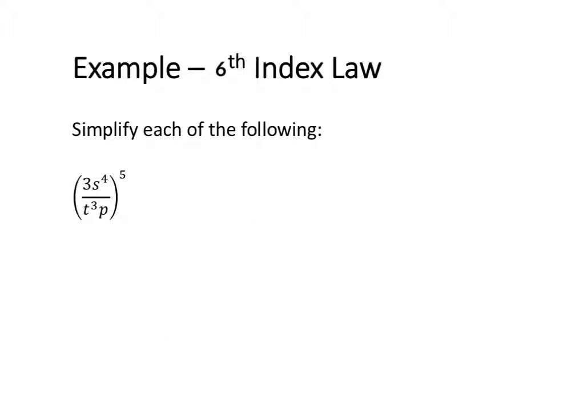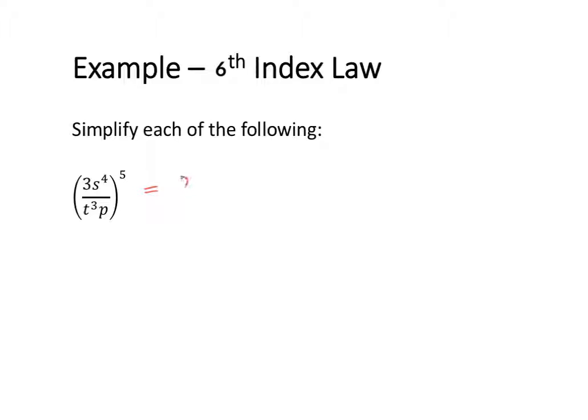So in the last example, I've got (3s to the power of 4 over t to the power of 3 times p), and that is raised to the power of 5. Applying the sixth index law, I'm going to multiply all of my powers inside of my bracket by 5.